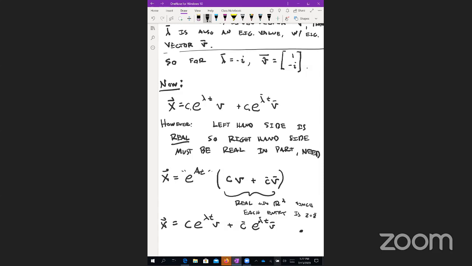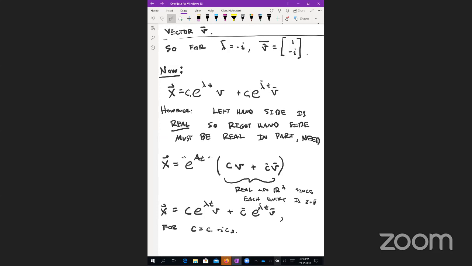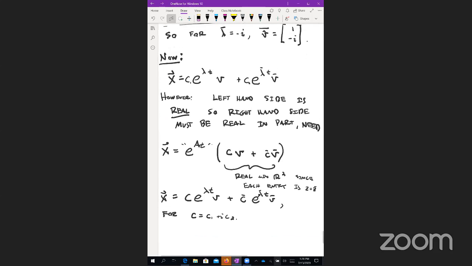All right. So I argue, oh, I should say, for c equals c1 plus I c2. So I argue that this is in fact real. And let's continue the example and see that it is.